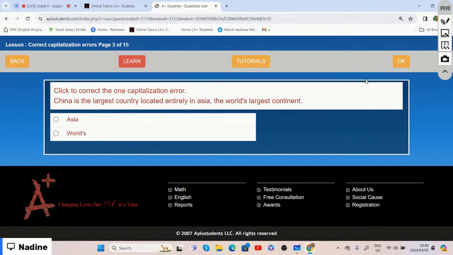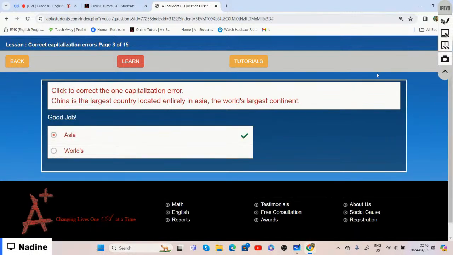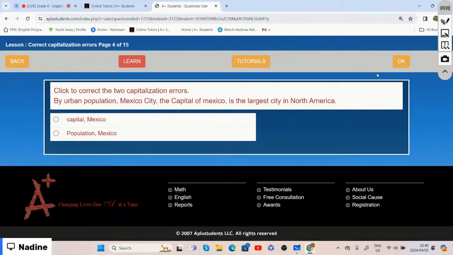All right, and if we capitalize the one area, then it's going to be Asia, right? And well done. Asia needs to be capitalized.